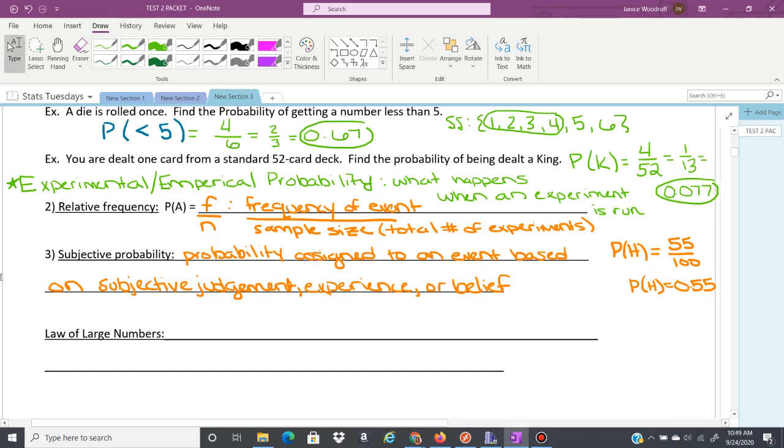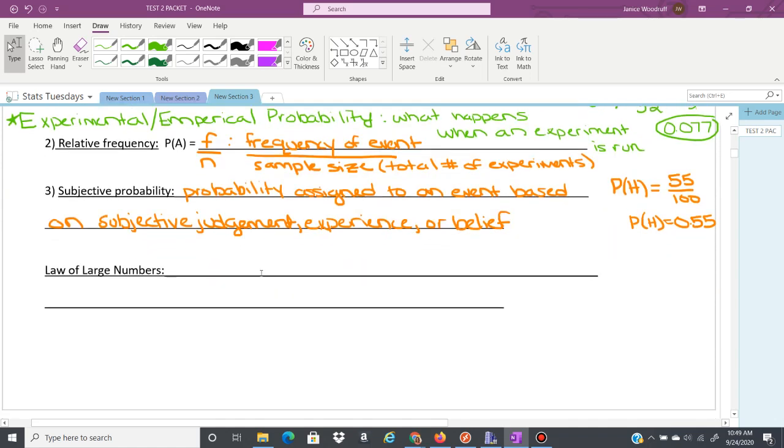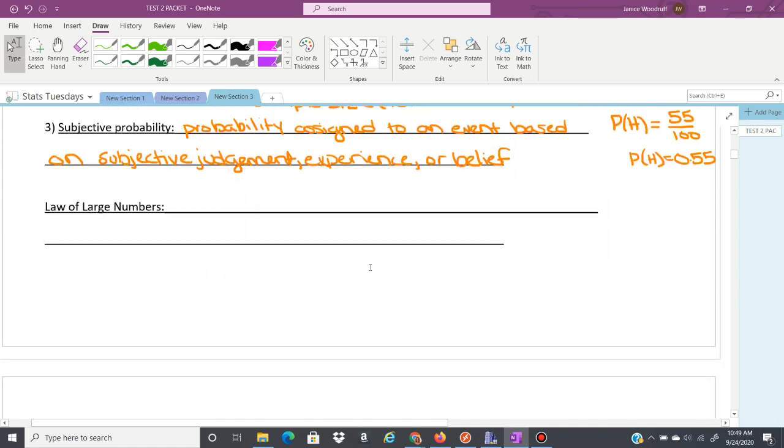All right, and then the law of large numbers tells us the difference between theoretical probability and empirical probability. So this will tell us that the greater number of times an experiment is run, the closer the theoretical probability will be to the experimental probability.